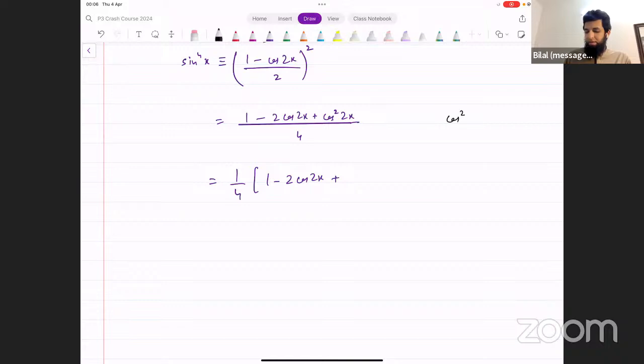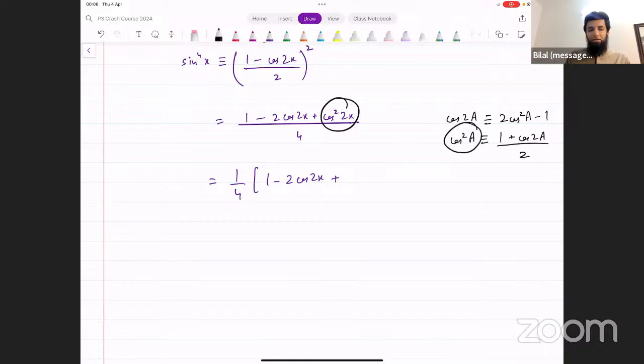Again, let's use that identity. Cos of 2a, what was that equal to? Cos of 2a was 2 cos square a minus 1, right? Let's make cos square a the subject, and that gives you 1 plus cos of 2a divided by 2. Now, instead of cos square a, you have cos square 2x.